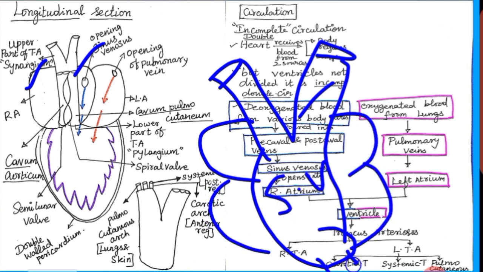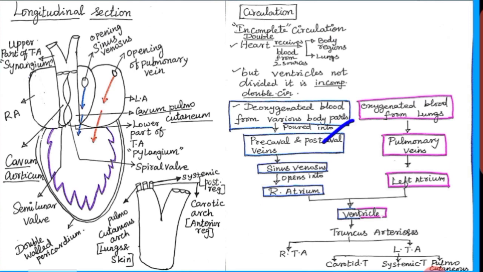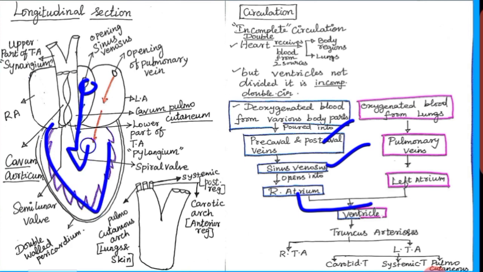Sinus venosus has upper two precaval veins and lower one postcaval vein, which receive the deoxygenated blood from various parts of the body. Then it goes inside the right atrium. The precaval and postcaval veins open into sinus venosus. Sinus venosus opens into right atrium. Right atrium opens into ventricle.